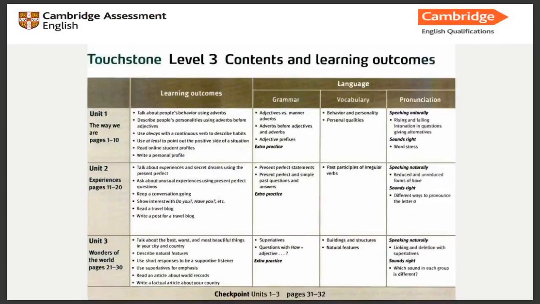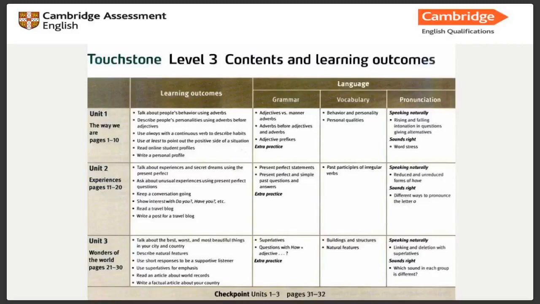On pages 4 to 5, that is in Roman numerals, of the student's book, you should see something like this: the contents and learning outcomes for each unit. On page 4, you will have 5 columns. The first shows the unit numbers, their titles, and page numbers.